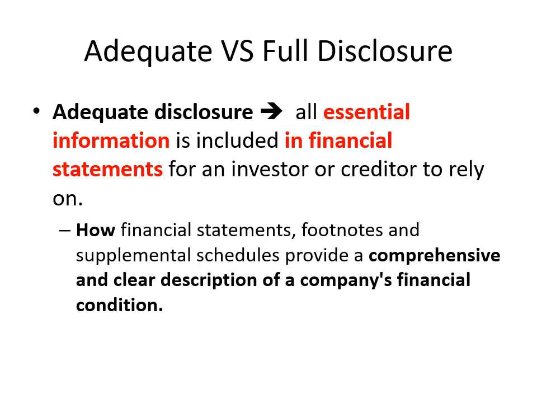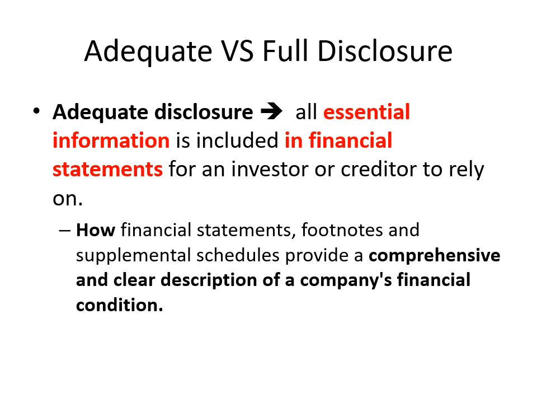Disclosure may be classified into two main groups. The first one is adequate disclosure and the second one is full disclosure. Adequate disclosure means all essential information should be included in the financial statement. So we focus only on the essential information, and we provide it to the investors or creditors that rely on it.